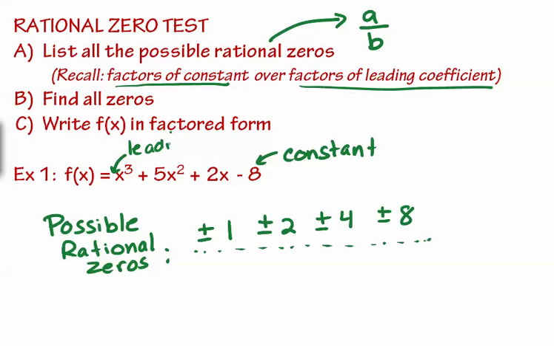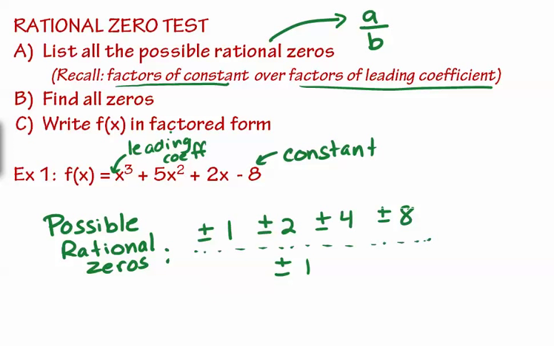So the leading coefficient is the coefficient of the highest degree term. Well, we like this one because our denominator is either going to be positive 1 or negative 1. So we take all of the possible fractions that we've just listed here.